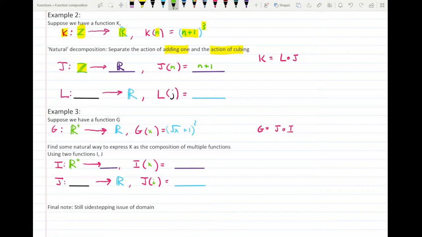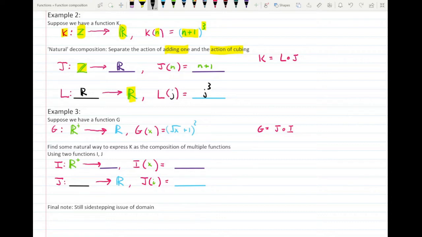Now L, following up on that, will take in the numbers outputted by J, map them to the final destination of K, and its action is going to be that cubing action that we left out from the first function. So, L of J will be J cubed.